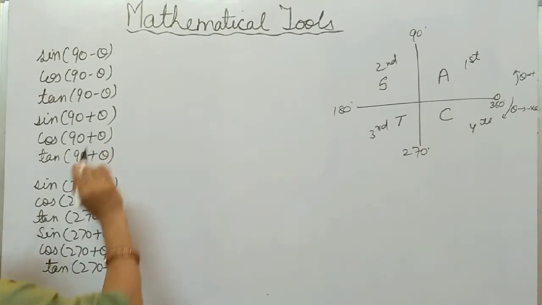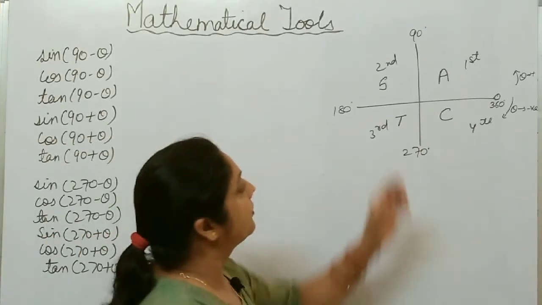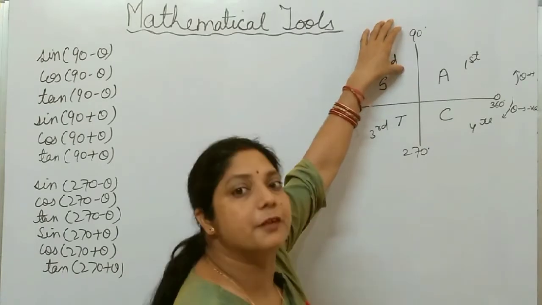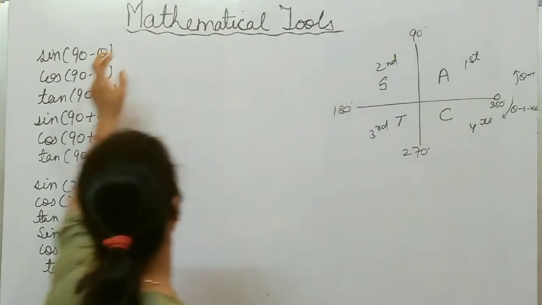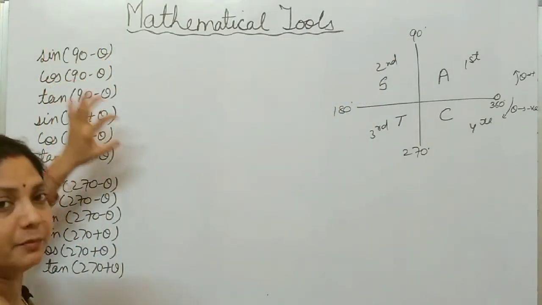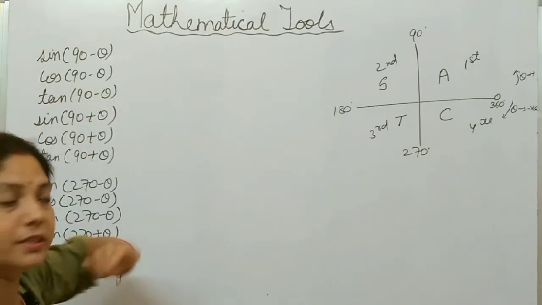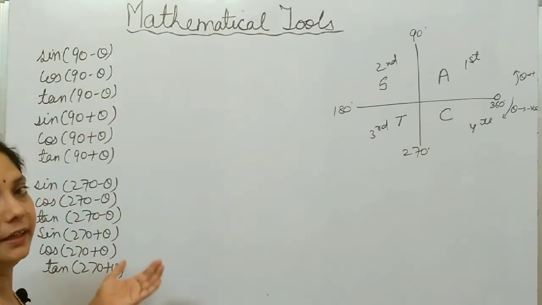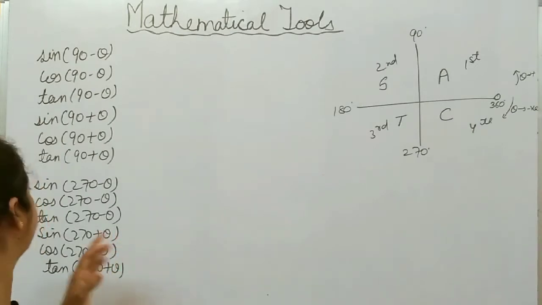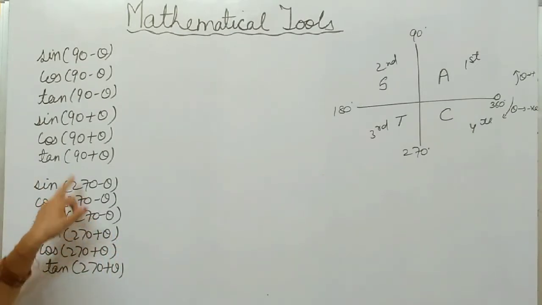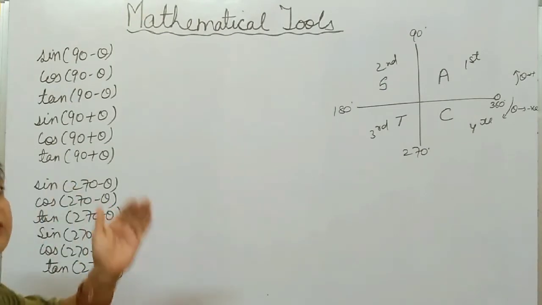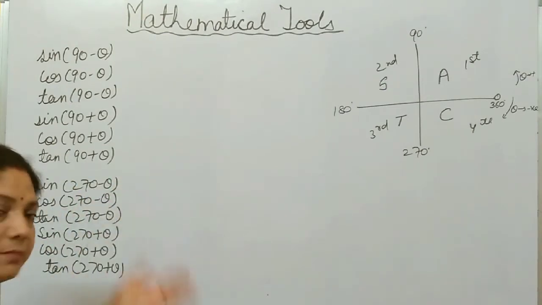Then one thing you keep in mind, that when 90 degrees is there, either plus or minus, 90 minus or 90 plus, sine becomes cos, cos becomes sine, and tan becomes cot. In the same way, for 90 plus also, sine becomes cos, cos becomes sine, tan becomes cot.